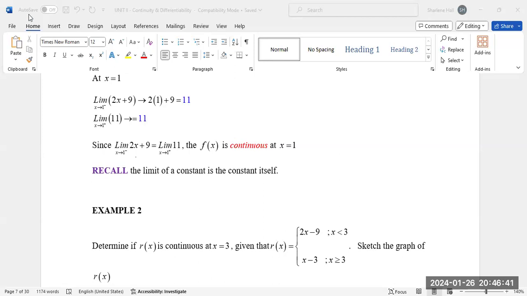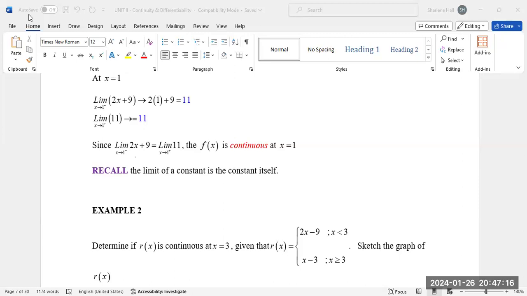Finished? How is it? Finished now, sir. Is it continuous or discontinuous? Discontinuous. Sam, what do you say? You agree? Yes, sir, it's discontinuous.